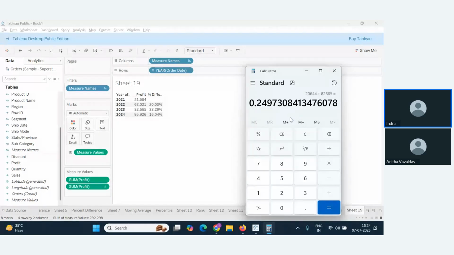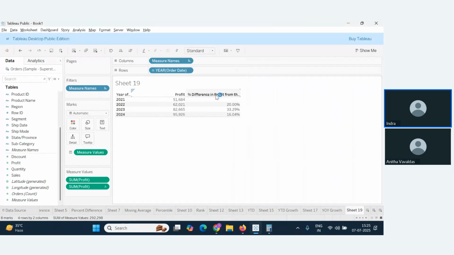Okay, I think it is taking the previous year. 20,644 divided by 51684? Some calculation is getting wrong here, you have to check that. Basically, it is calculating the percentage difference from the previous year of the order date. Based on this difference, it is calculated.